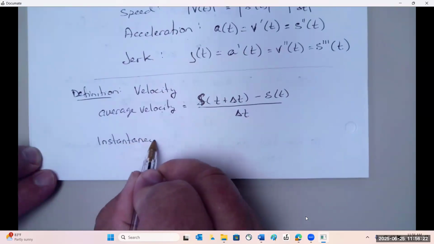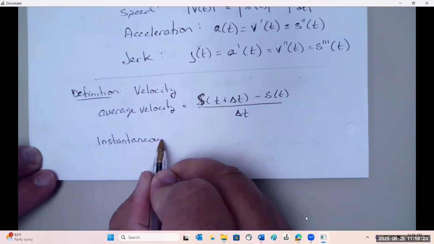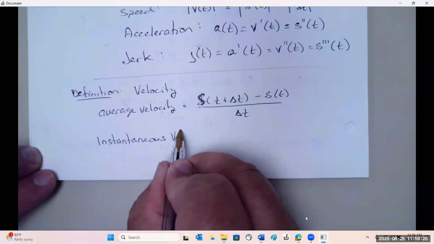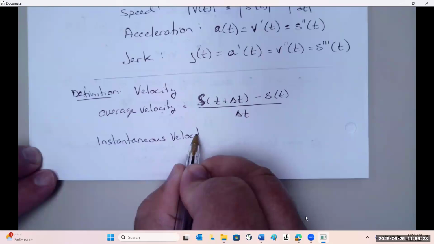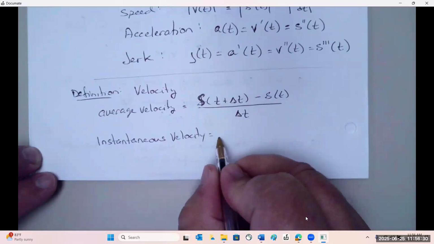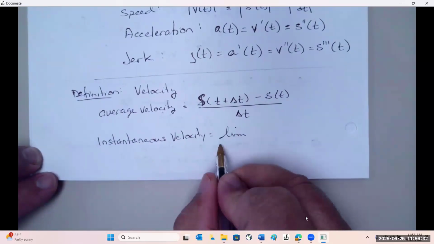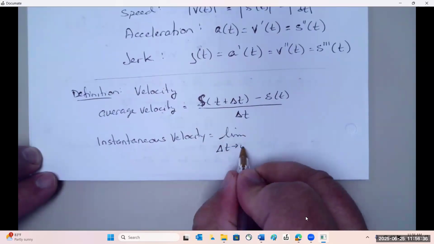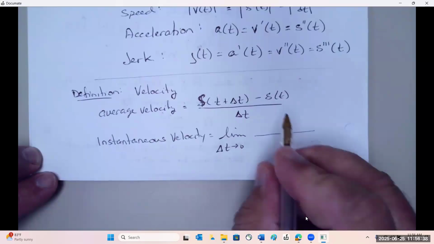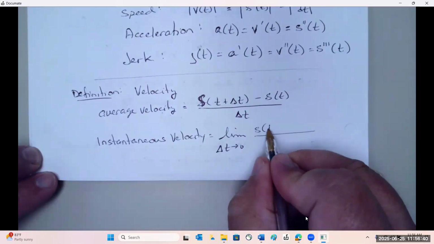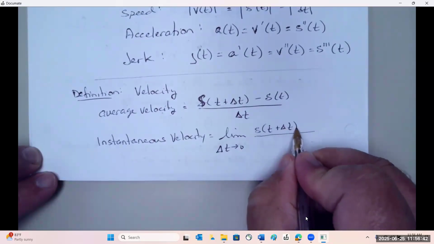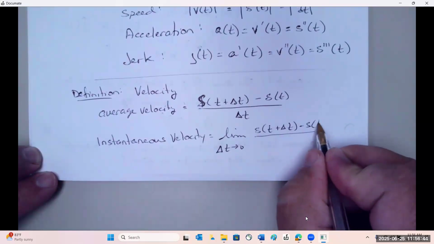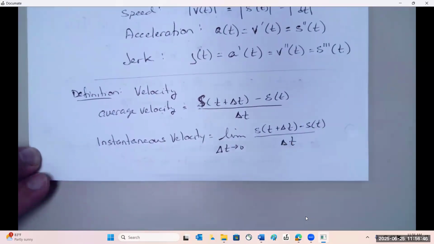Instantaneous velocity is the limit as delta t goes to 0 of that change of displacement.